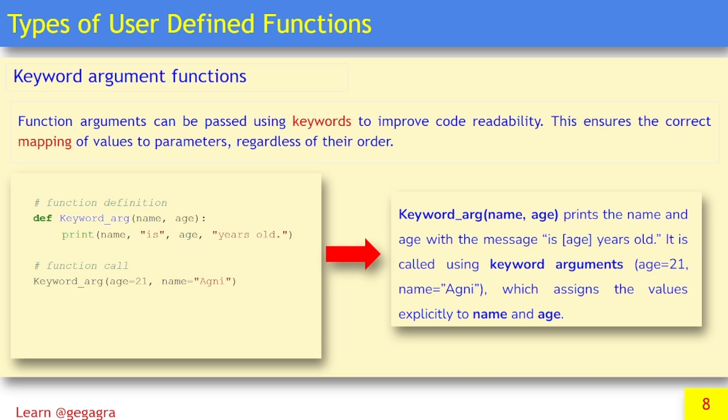So no matter the order of the parameters, the keyword arguments in the user-defined function receive the values according to the keywords, not in the order of the positional arguments. Hope this is clear. Understood the concept?